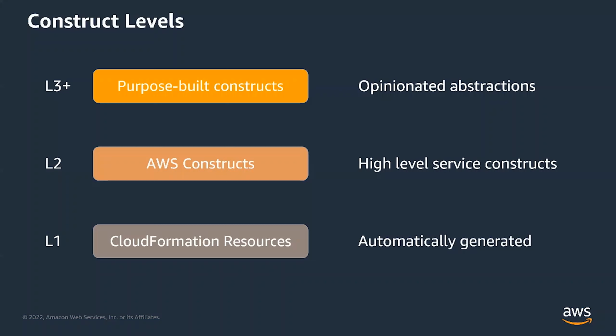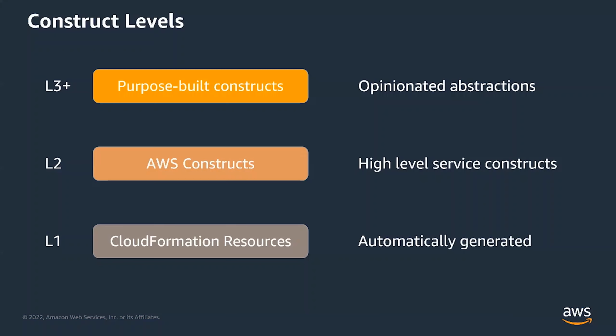That's what we call opinionated abstraction. So let's say that you want to deploy containers with ECS. At first you need your VPC, maybe you need a load balancer in front of your containers, and then you need to provision your ECS clusters. So that's where you can do L3 constructs. L1, single resource. L2 would be for a single service, and L3 would be multiple services coupled together.